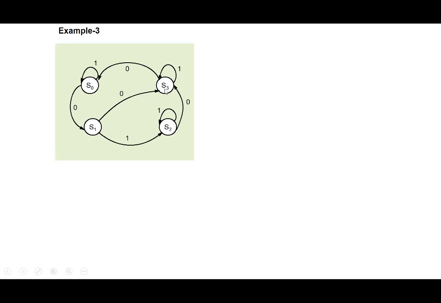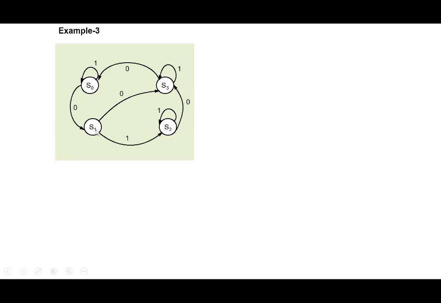But in some circuits, the output of the flip-flop itself is the output. So if the system is in state S0, the flip-flop outputs will have a certain value, and that itself may be the output. So we don't have a separate output, but the flip-flop's output itself is the output. So the circuit is not ridiculous in that sense. There's no explicit separate output here.